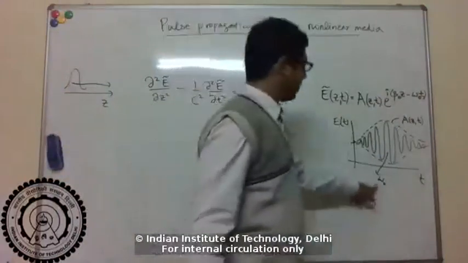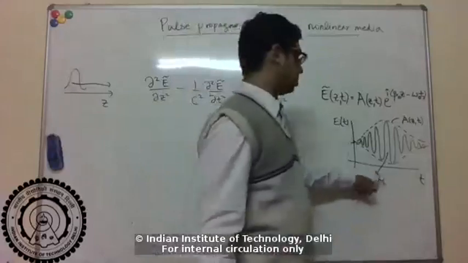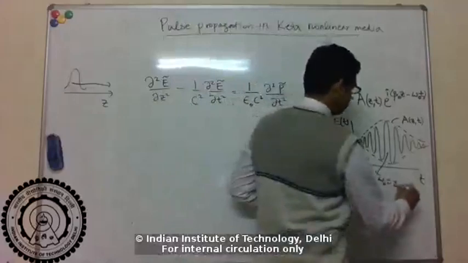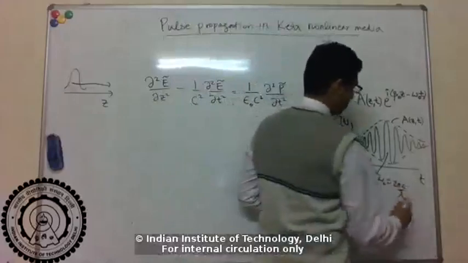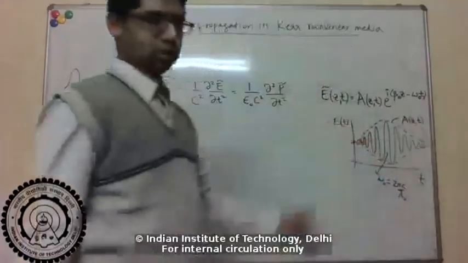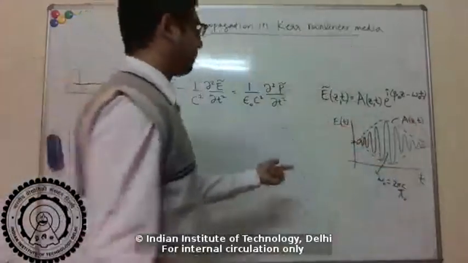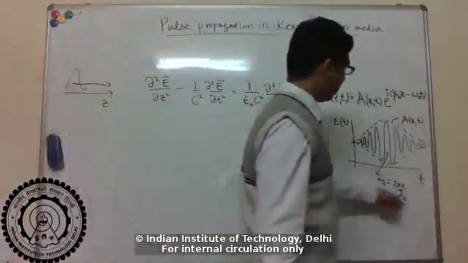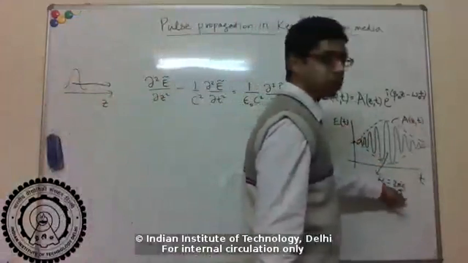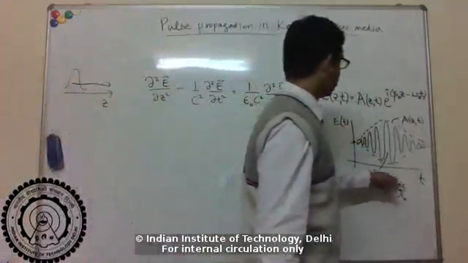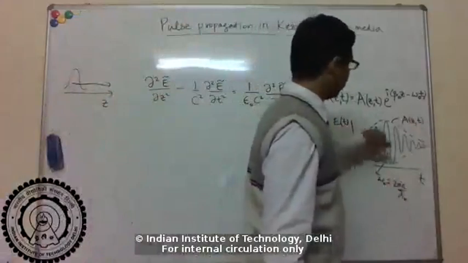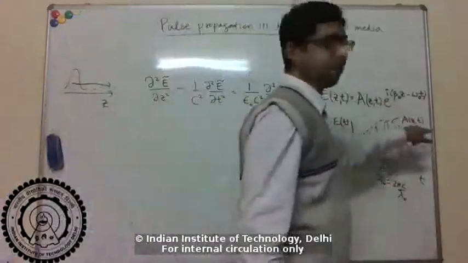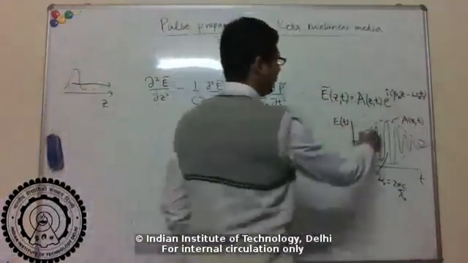So that's given by the wavelength. Omega naught is 2 pi c over the central wavelength of my source. For typical wavelengths of a few hundred nanometers or microns, this frequency will be hundreds of terahertz. So these oscillations will be very fast.